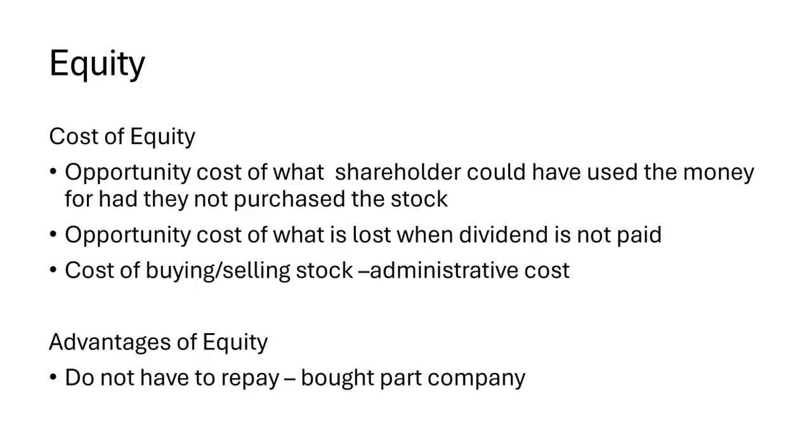Now, if you remember from your macro class, opportunity cost is what you give up, or what you could have done. All right. So the opportunity cost of the stock is, what would you have used that money for that you're not doing? Next best alternative, not taken, type of a deal.